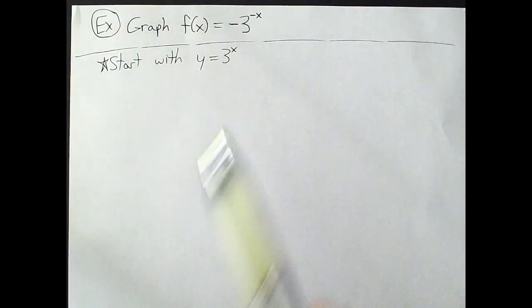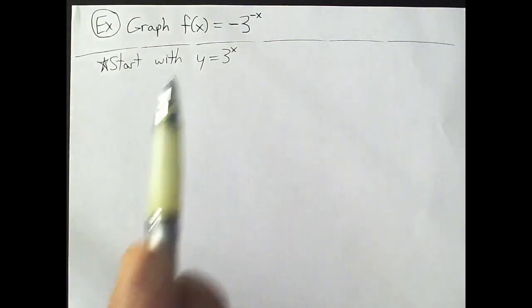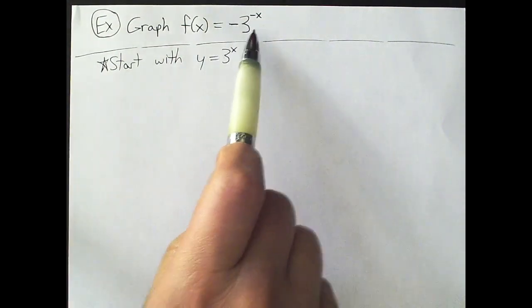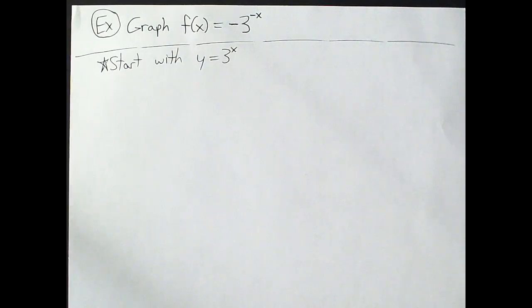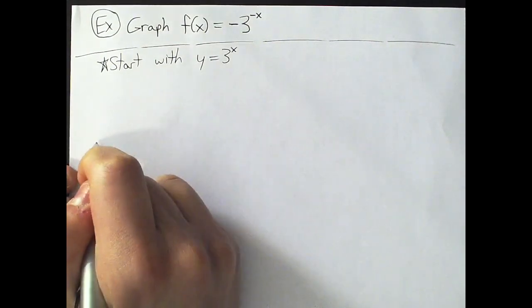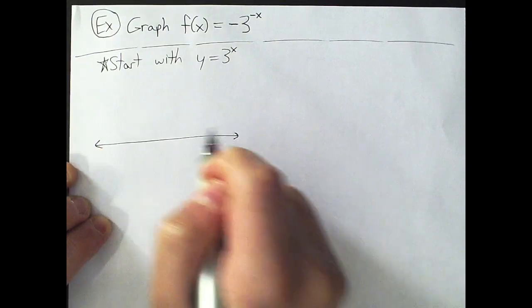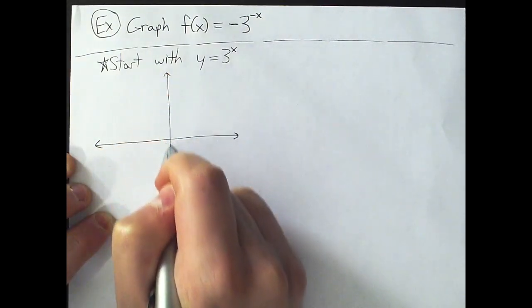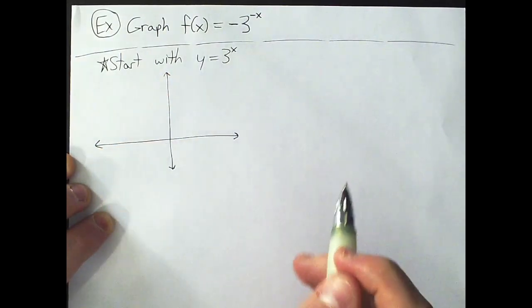The negative in front of the x is going to mean that we want to reflect across the y-axis or flip horizontally. And the negative sign that's out front here is going to mean that we want to reflect across the x-axis or flip vertically. So we actually want to flip in both directions. Let's see if we can do that. So first we'll draw y equals 3 to the x, and then we'll deal with the flipping.